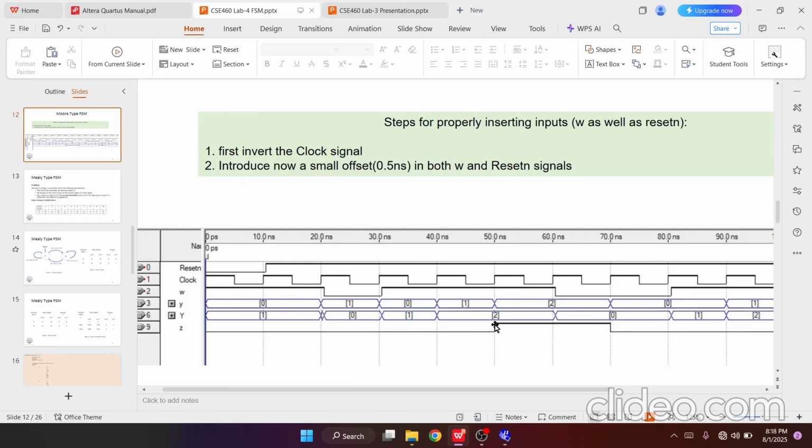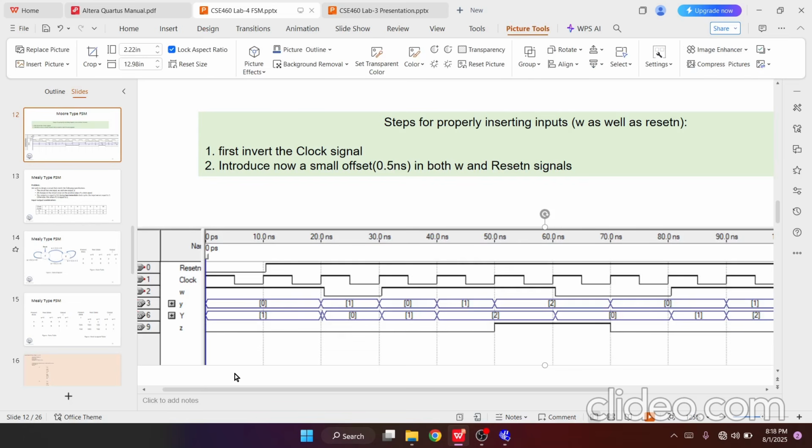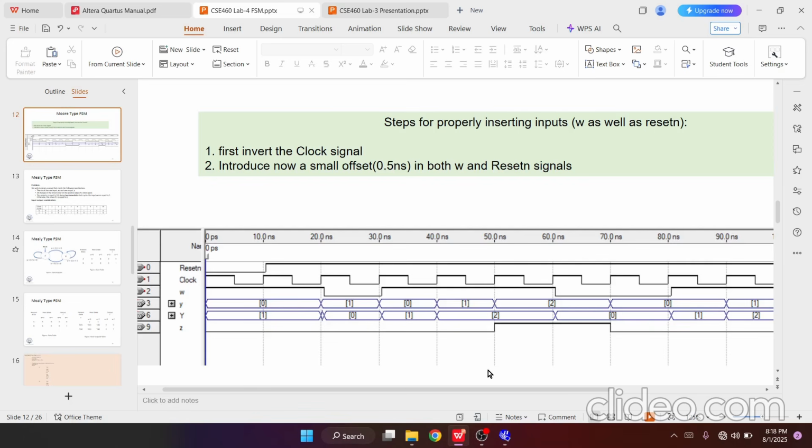The Z in Moore type depends only on the value of the present state. And see the small y: observe that the small y only changes during the positive edge of the clock. That's why you are getting the ups and downs in the Z signal only during the positive edge of the clock. But that doesn't mean that Z is a sequential logic.